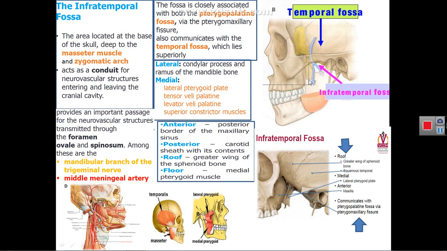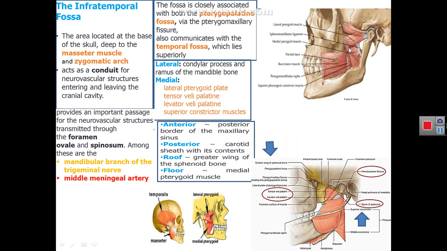So again, the boundaries of the infratemporal fossa laterally are masseter muscle, ramus of the mandible, condyloid and coronoid process of the mandible. We must remove this lateral boundary in order to pass to the inside of the infratemporal fossa, and there we may see the medial wall of the infratemporal fossa represented by the lateral pterygoid plate, tensor veli palatini and levator veli palatini.